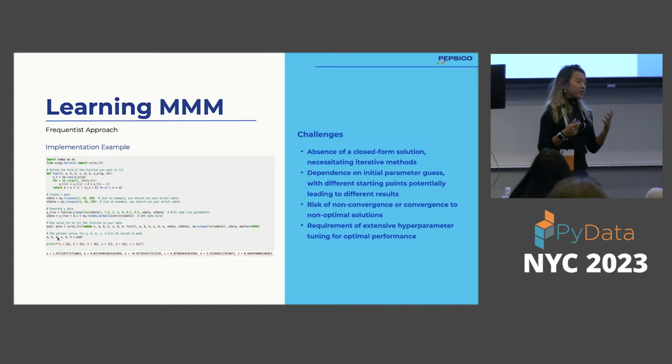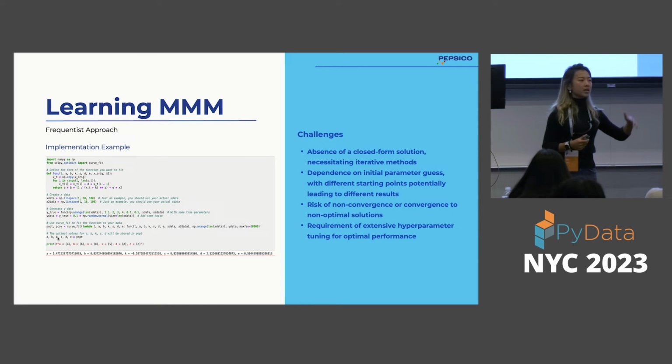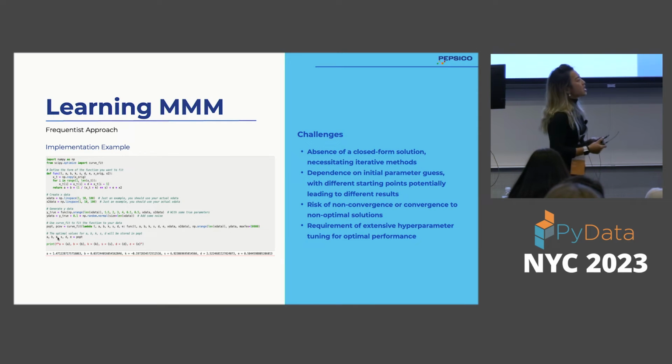And one of the issues that might happen, well, several issues might happen, is, first, it really depends on the initial guess of the parameters, right? Nonlinear surfaces might have many different local optima, and you might converge to one of them. So given a different initial guess, you might land at a different optimal combination of parameters. And in the worst case, sometimes it might not even find a solution, or you might not even converge.